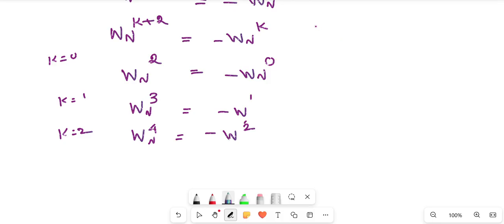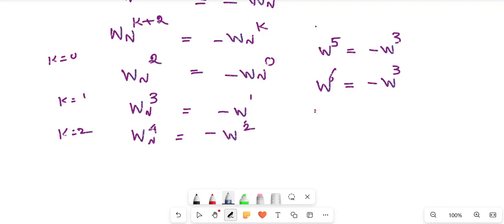Similarly here, k equal to 3 means k is equal to 2. So W power 5 is equal to, k equal to 3, minus W power 3. K equal to 4, so W power 6 is equal to minus W power 3.